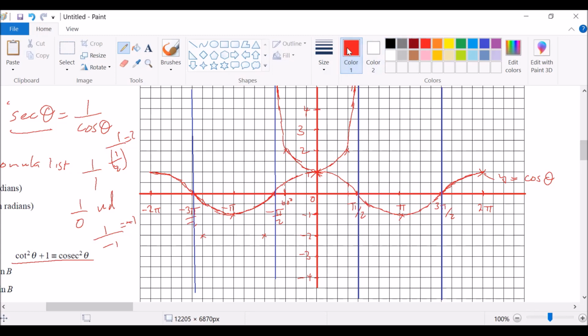So our graph would come asymptote there, asymptote there. Same this side.